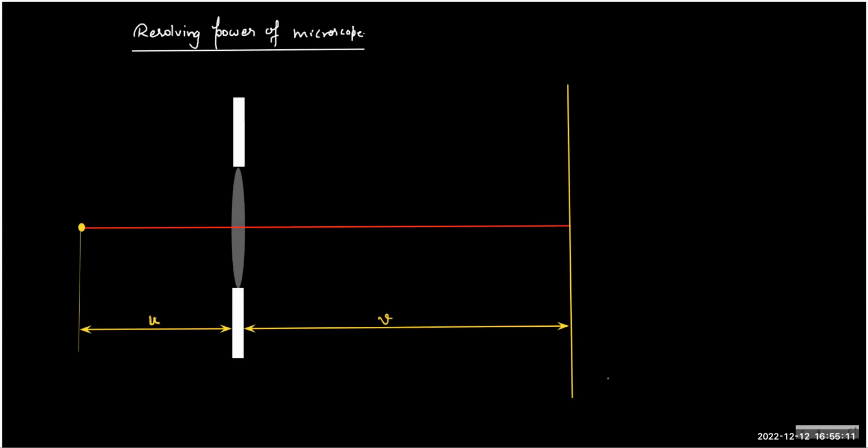So what will happen is it will form the diffraction pattern. This is the diffraction pattern of the first object. Yes, next, sir. The next object we have to keep very close, and it will form its own diffraction pattern. And again, we want the same condition, the Rayleigh criterion, to be met.